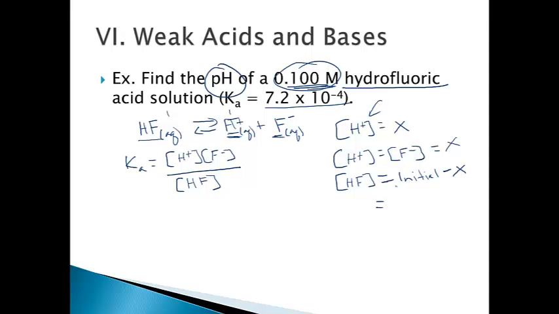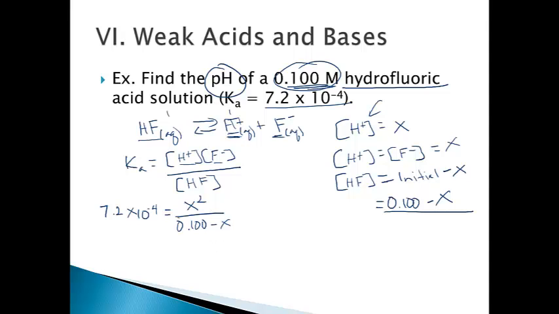So the initial should be equal to 0.100 molar minus the amount that breaks up, which is X. Plug everything into our equation here. We end up with the Ka, 7.2 times 10 to the negative 4th, is equal to X squared over 0.100, the initial, minus x.